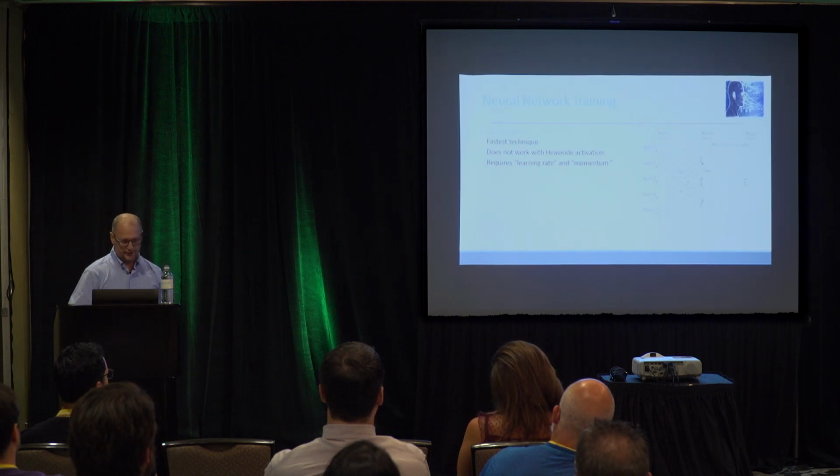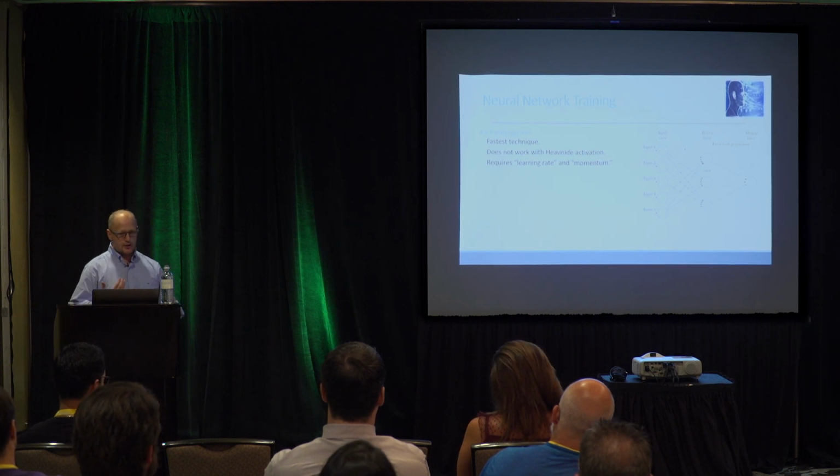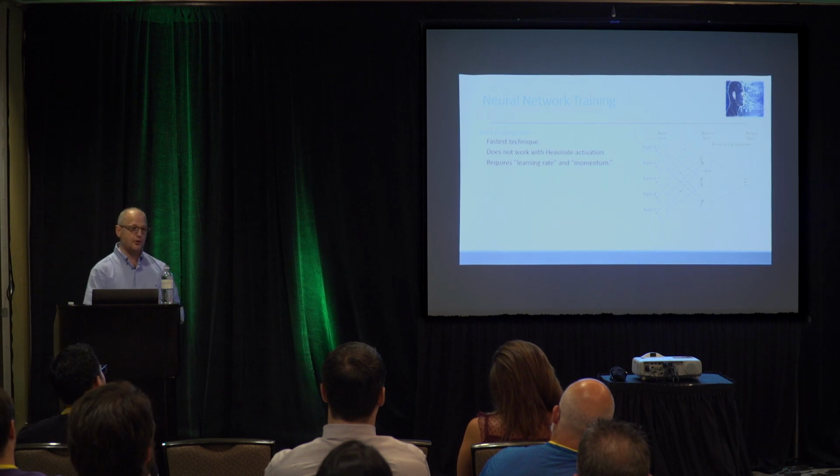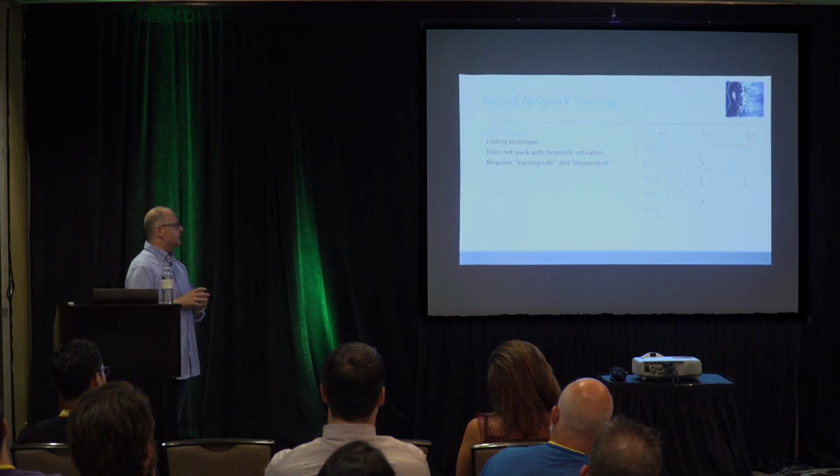So we talk about training, and training is the process that we need to use to figure out the weights to use that produce the best result, right? The most commonly used is backpropagation. It's probably, I don't know if the oldest, but one of the oldest for sure.